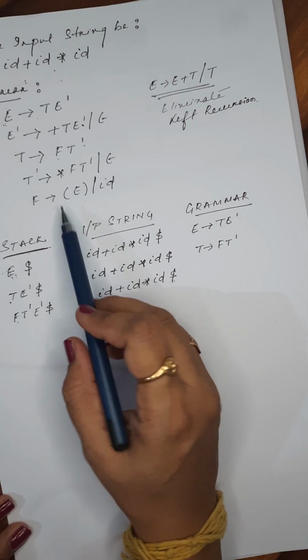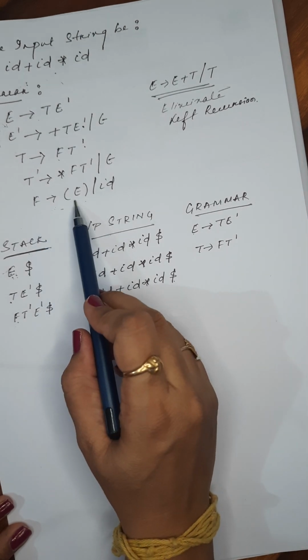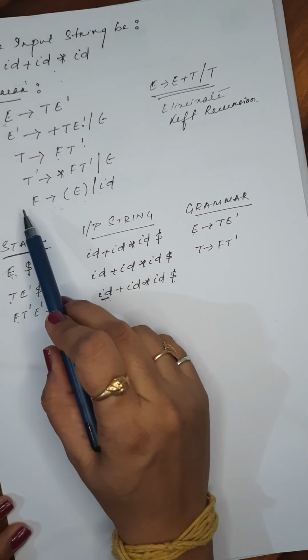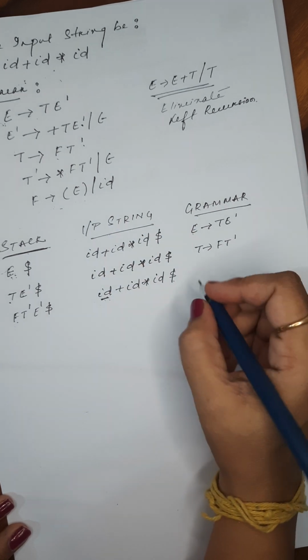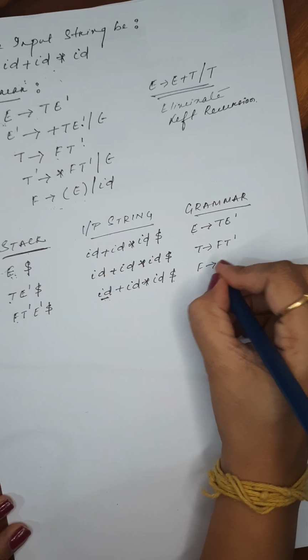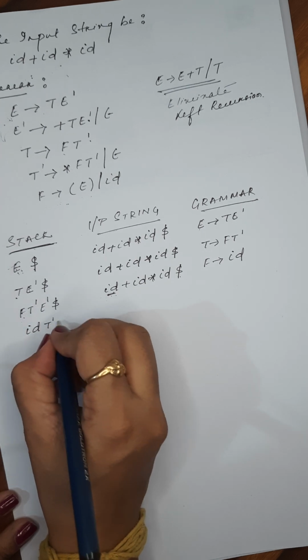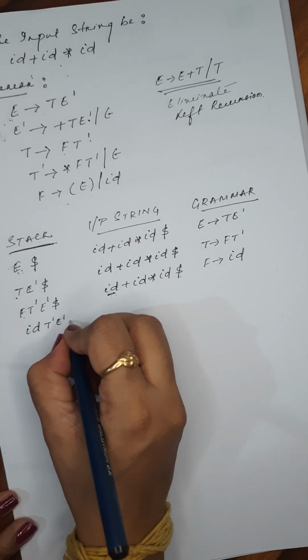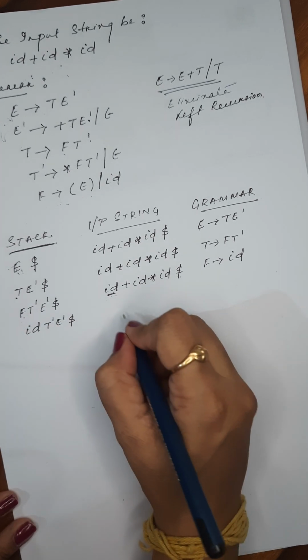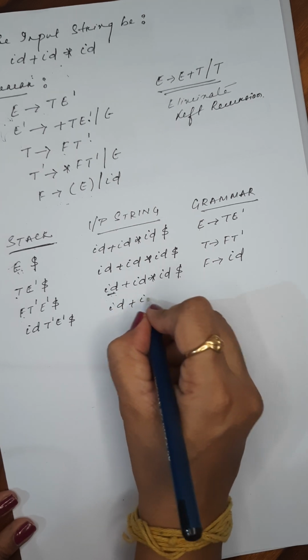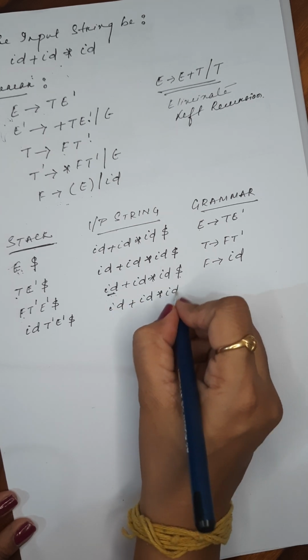Now instead of taking F tends to bracketed E, we will take F tends to ID. Then replace it: ID, T dash, E dash and dollar. Then here is ID plus ID star ID dollar.